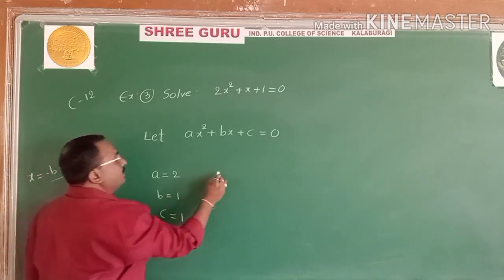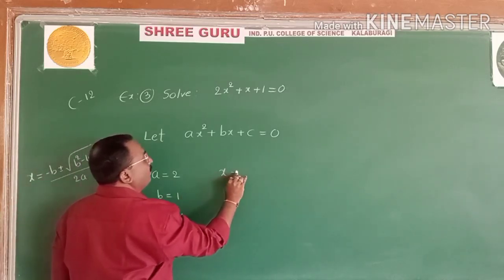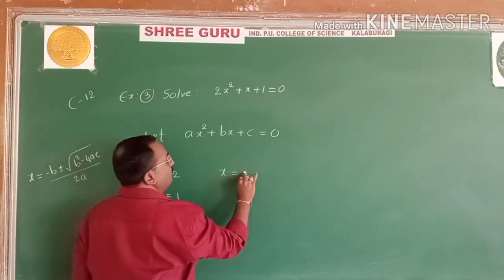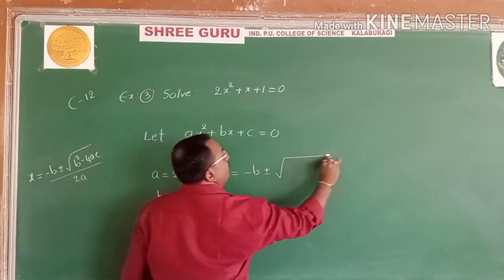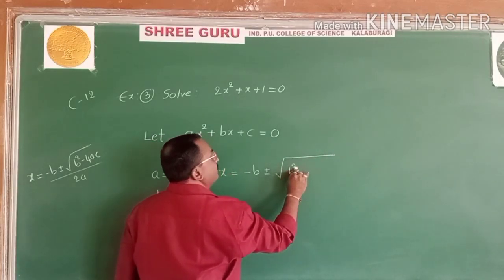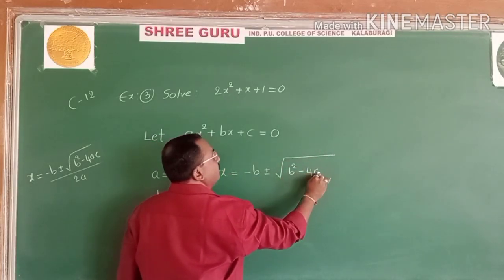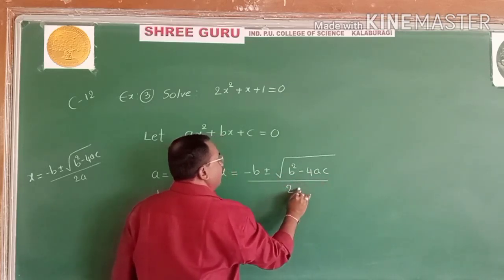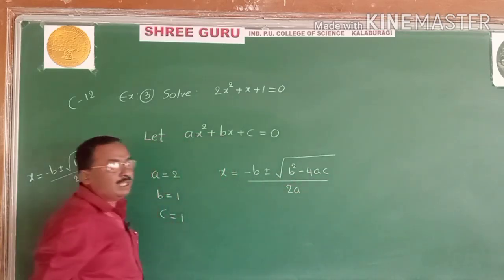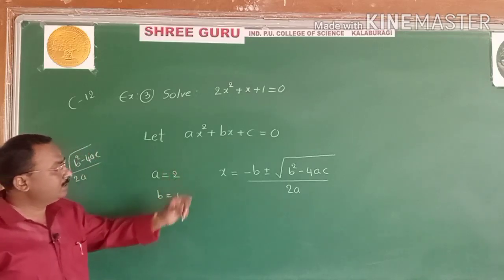We know that the non-factorizable form formula is x is equal to minus b plus or minus square root of b square minus 4ac divided by 2a. Substitute a value, b value and c value.